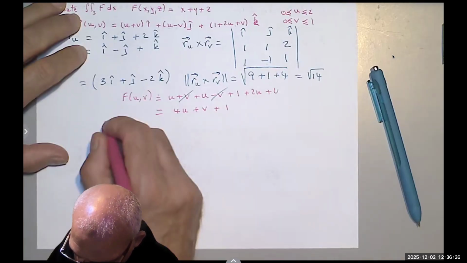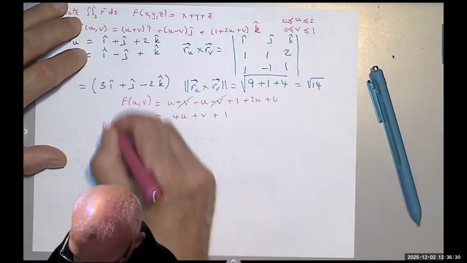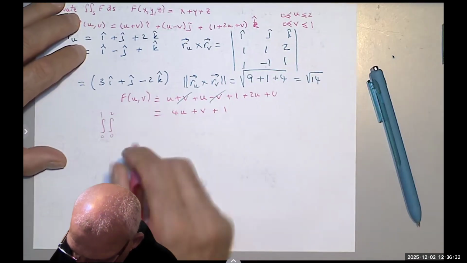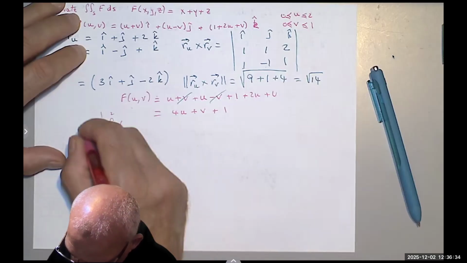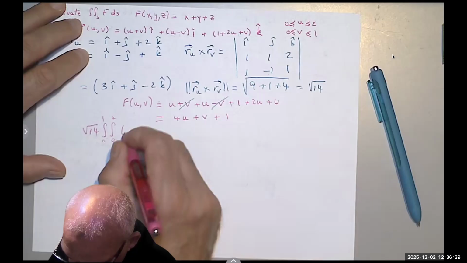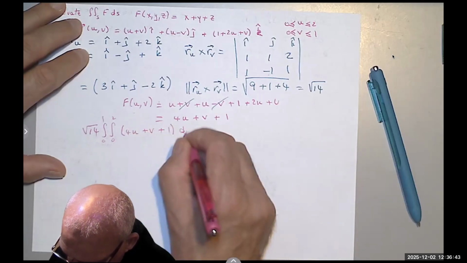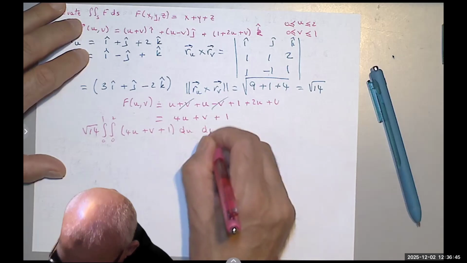And now I take the double integral of u going from 0 to 2 and v from 0 to 1. Root 14 is outside, it's a constant. 4u plus v plus 1 du dv.